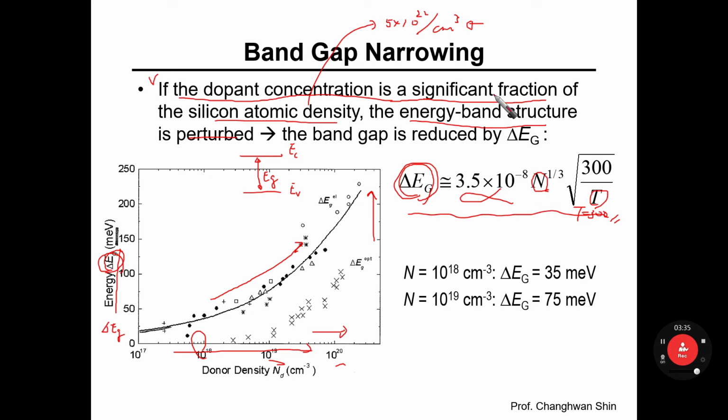The very simple understanding of why band gap narrowing happens is as follows. As we have learned, the energy state indicating the donors or impurities is placed and marked near the conduction band edge. What was the meaning of the x-axis? As I told you, it is the location of atoms across the silicon crystalline material.